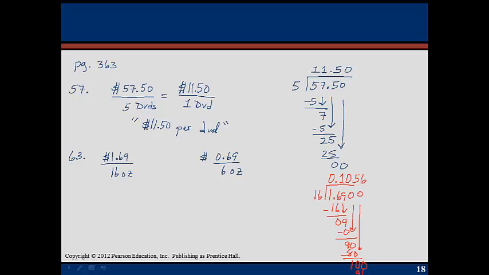Okay, so I ran out of room but hopefully you're also working this. And it said round to 3 decimal places, so this would be 0.106. So the unit price for this one is going to be 0.106 per ounce.